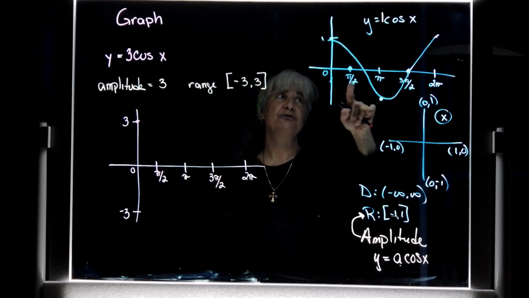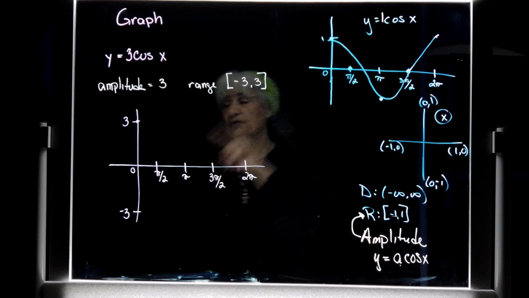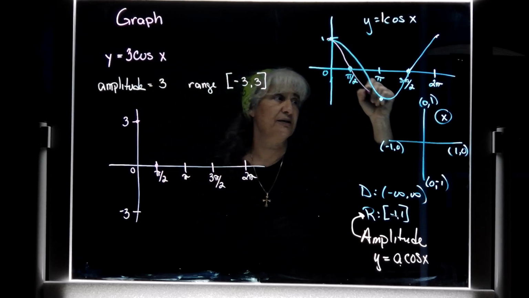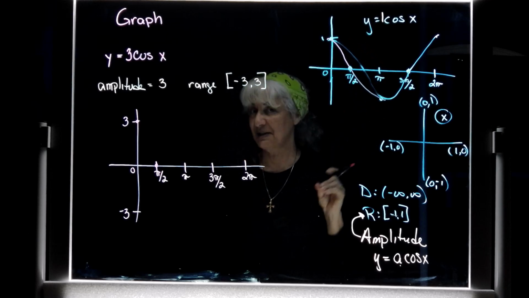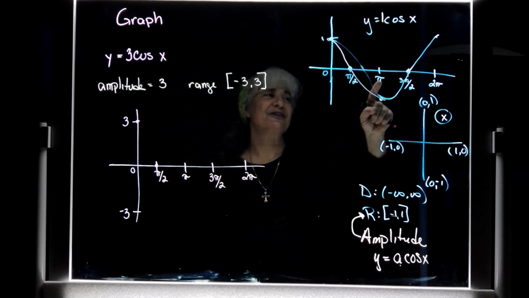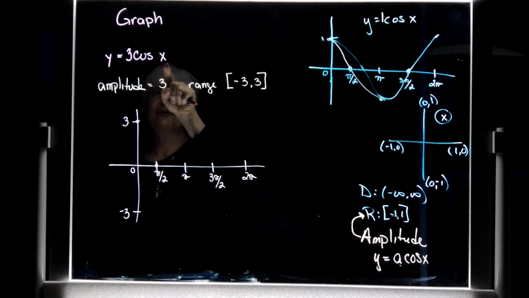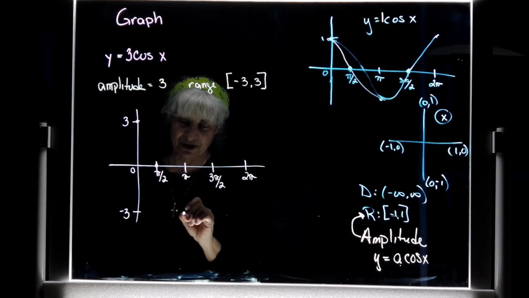On the parent graph, when you took the cosine of pi over 2, you got 0. Well, over here, you also get 0. And forgive me, this graph didn't quite hit all the dots like it was supposed to. There, better? Thanks. On the parent graph, the cosine of pi was -1. Well, over here, after you get that -1, you multiply by 3, you get -3.